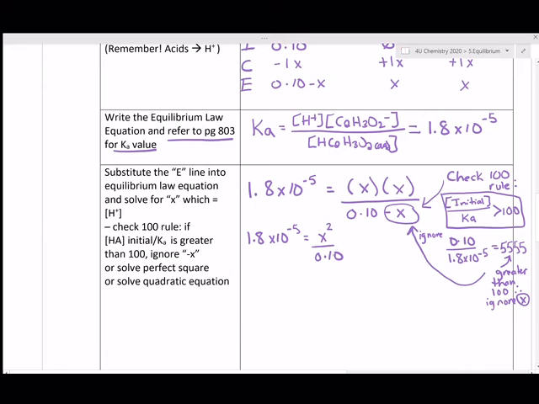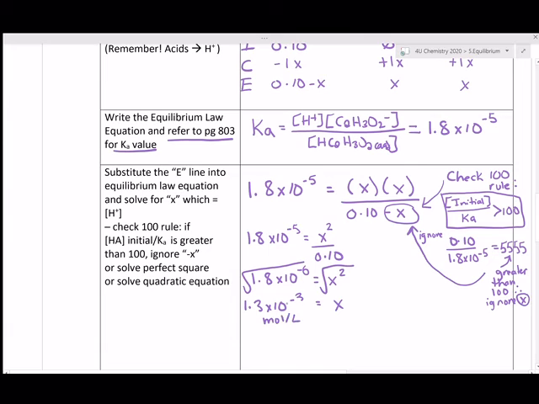Now we're going to get rid of this on the bottom, we're going to multiply it up here, and we're going to have 1.8 times 10 to the negative 6, which is going to equal x squared. And now we have just something where we need to do our square root of it. So we're going to do square root of both sides to solve for x. And this will be 1.3 times 10 to the negative 3.